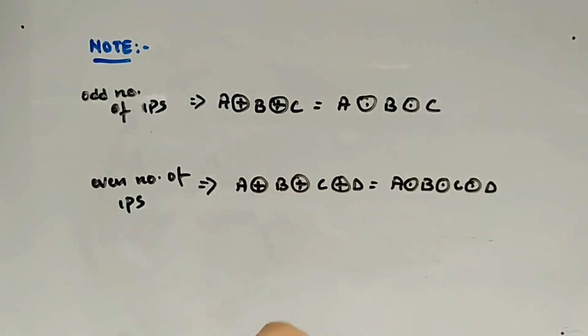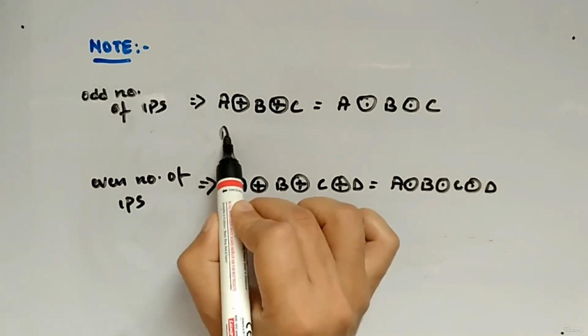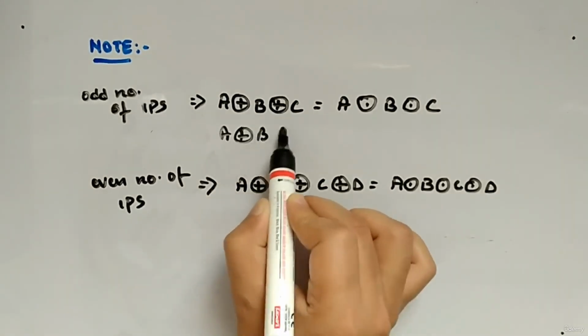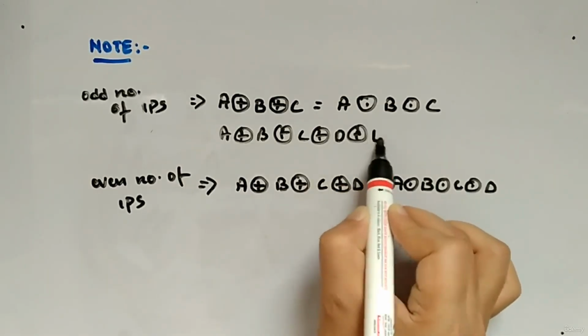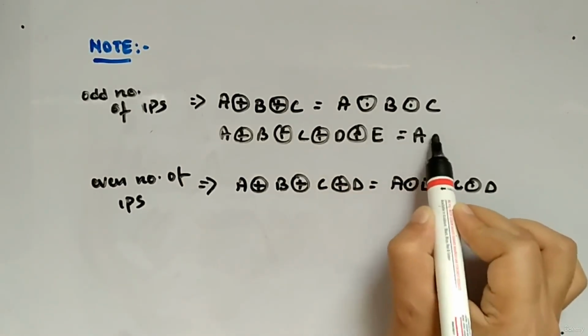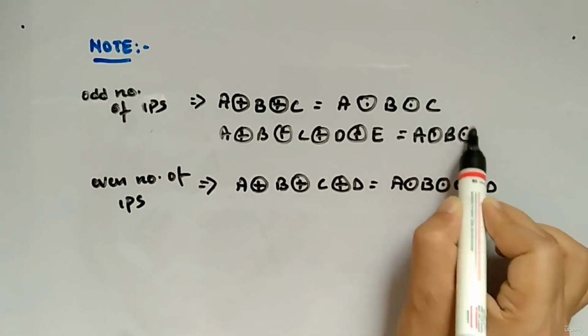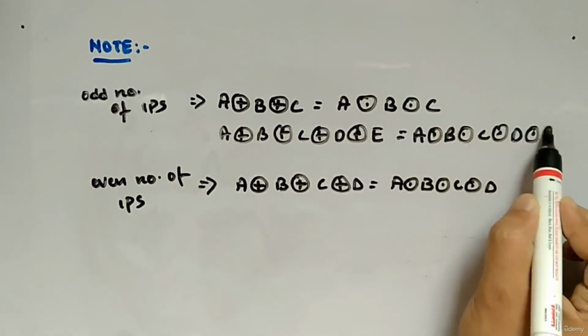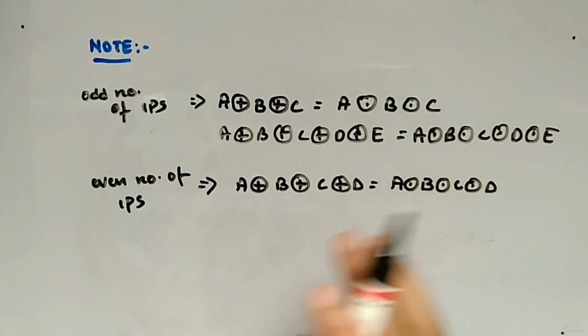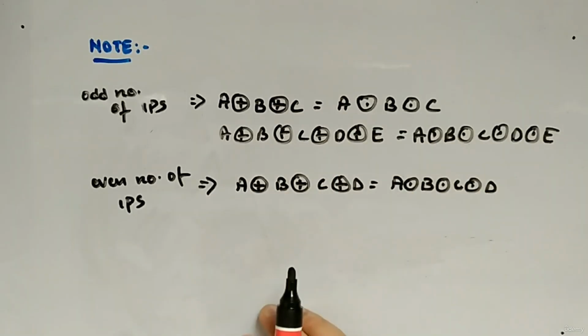Even if you have 5 inputs, let's say A XOR B XOR C XOR D XOR E will be equal to A XNOR B XNOR C XNOR D XNOR E. This is how it follows, and it can go for any odd number of inputs.